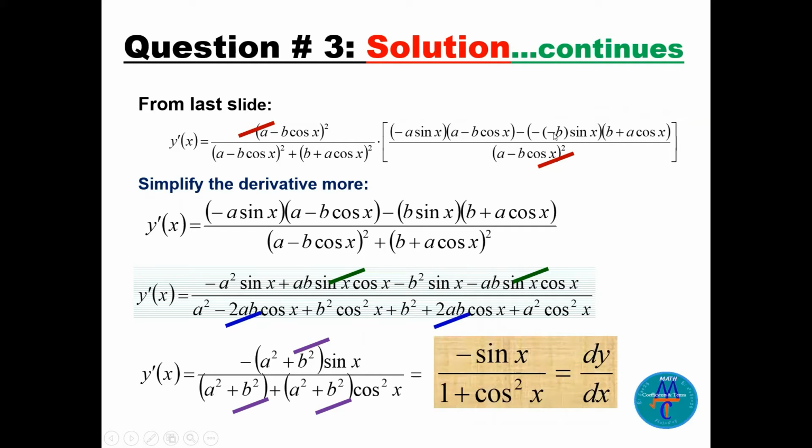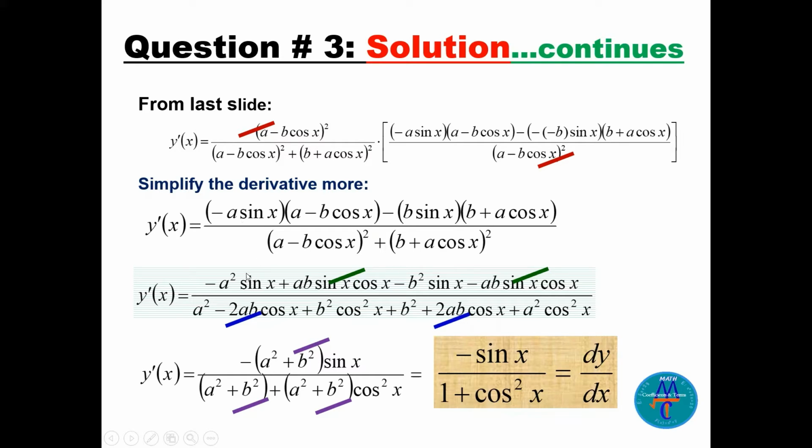Minus times minus b will be plus b sine of x, and there is 1 minus left. So minus in the bracket, b sine of x, and the last one will be b plus a cosine of x.